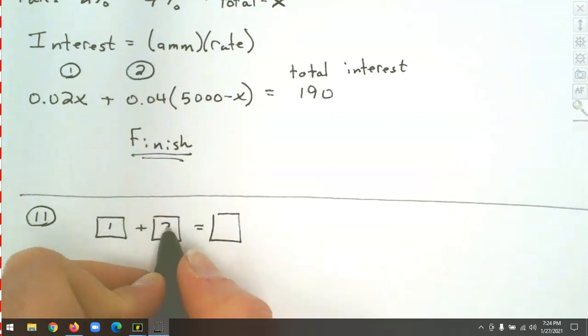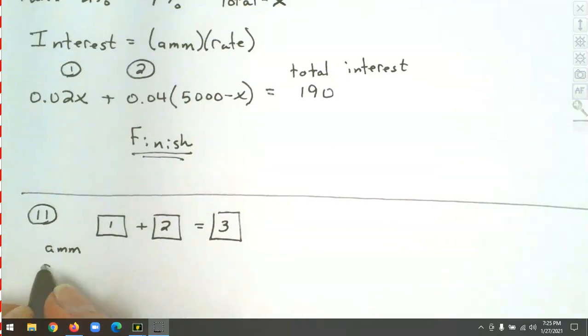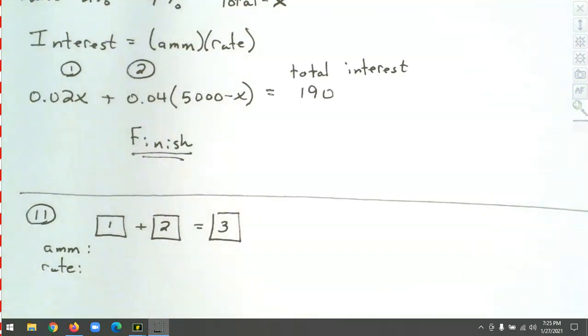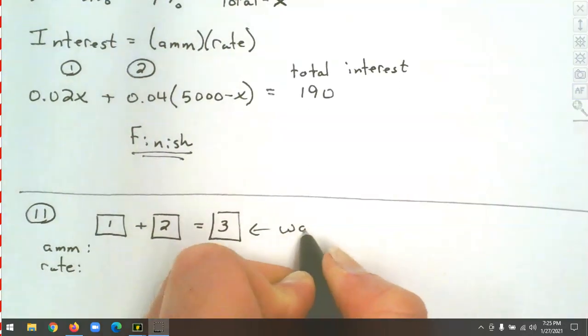So 1, 2, and 3. Each of these has an amount and a percentage rate. And box number 3, remember, is what we want.